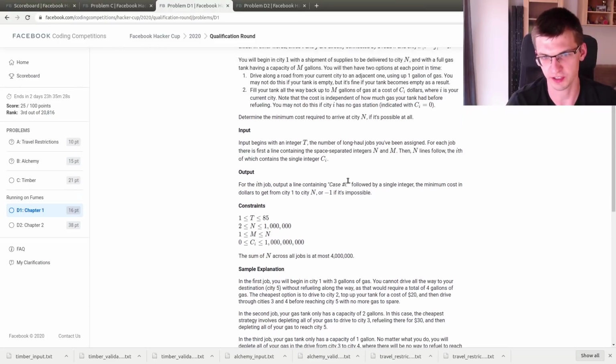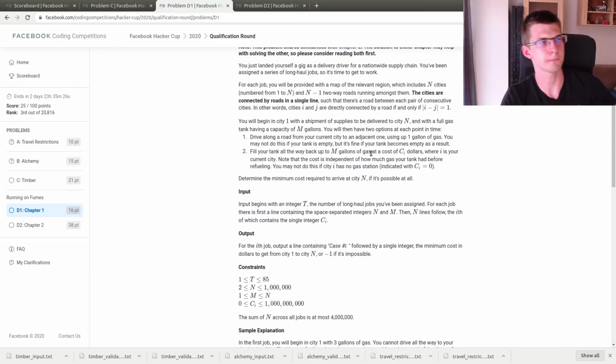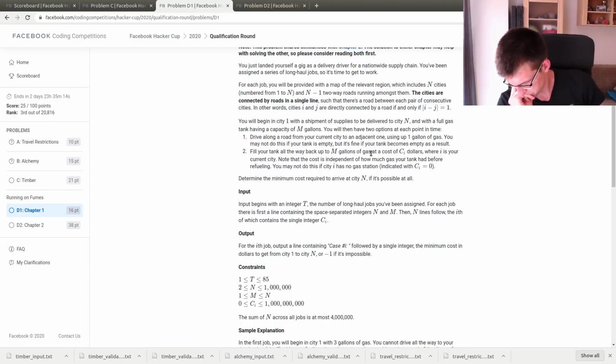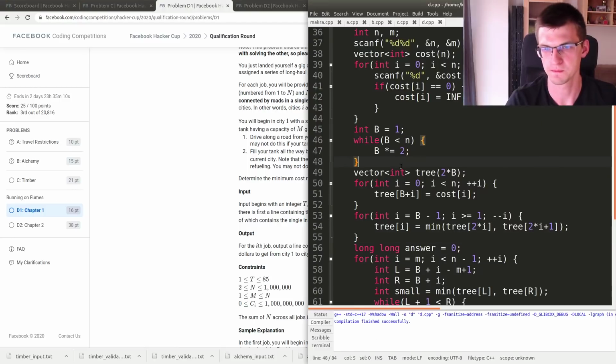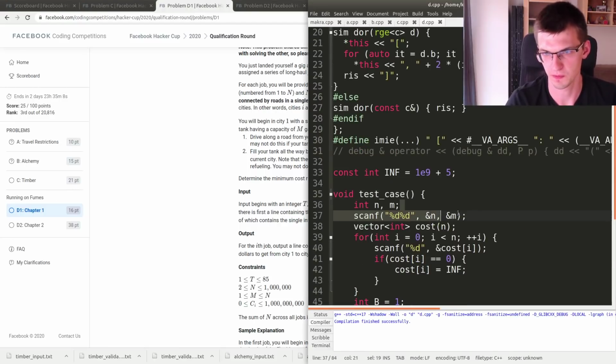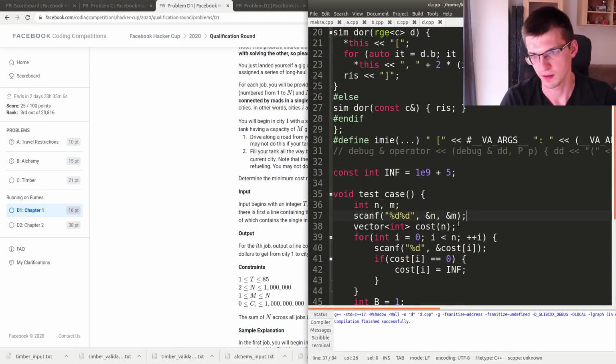Now it's a different kind of DP. If we tank somewhere, it just means that you can get to some kind of interval. And that's it. But a tree will be useful.